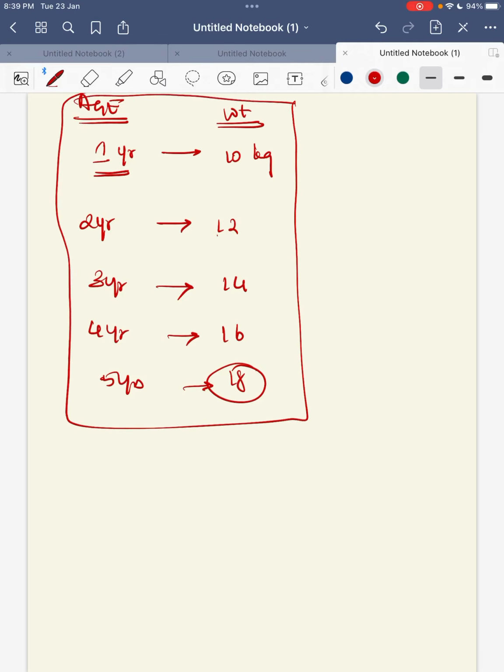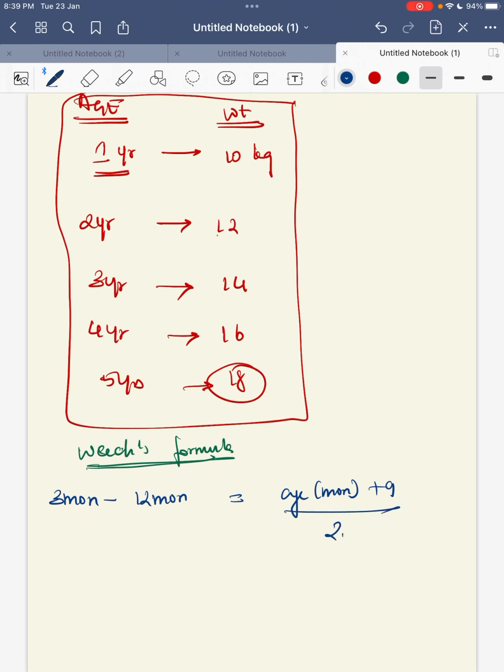Okay. This trick you can remember, or you can calculate with the formula. Like how for height we have a formula, likewise we have a formula for weight. That is called Weech's formula. For a child between 3 months to 12 months of age, it is age in months plus 9 divided by 2.